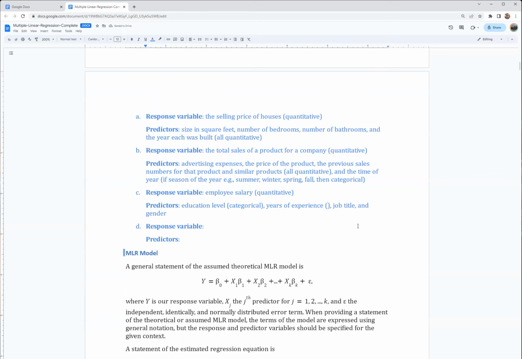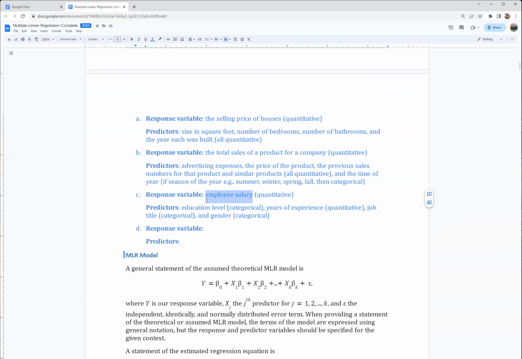Years of experience would be quantitative, right? The number of years of experience. Job title, that would certainly be categorical. And gender would be categorical. Okay, so a lot of categorical variables in this scenario. And that's okay. You can have categorical predictors in a regression model, but the response variable for a multiple linear regression model must always be quantitative.